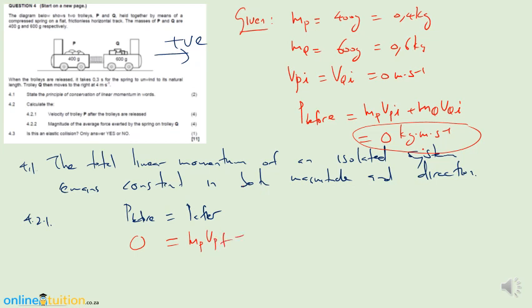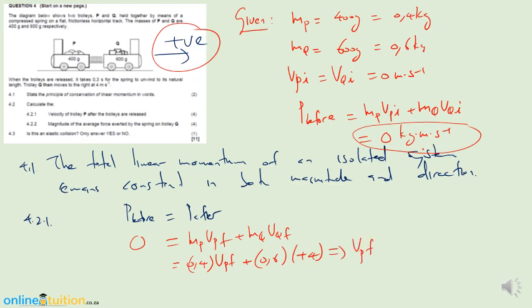MPVPF plus MQVQF. The mass of trolley P is 0.4. It tells us that trolley Q moves to the right at 4 meters per second, so VPF plus 0.6. It'll be plus 4 because we chose to the right as positive, and eventually we can write that the final velocity of trolley P will be 4 times 0.6, which is minus 2.4, taken to the other side, over 0.4.